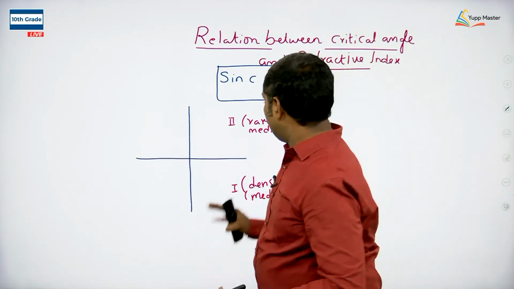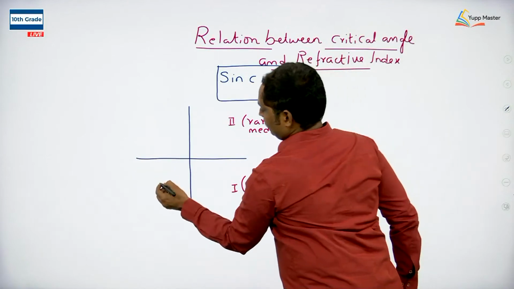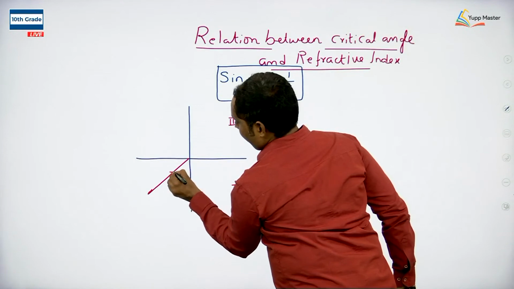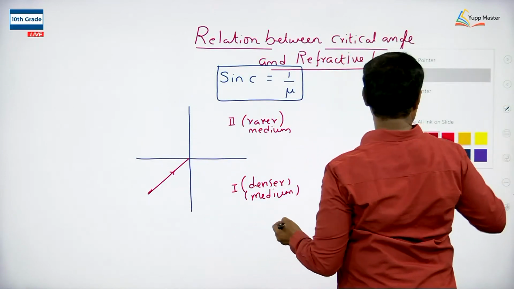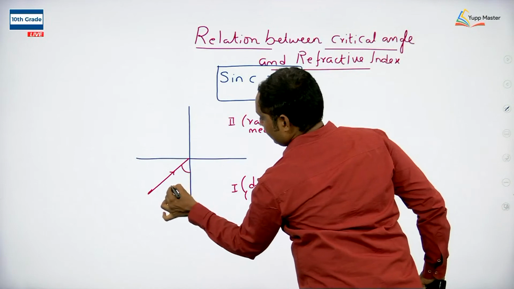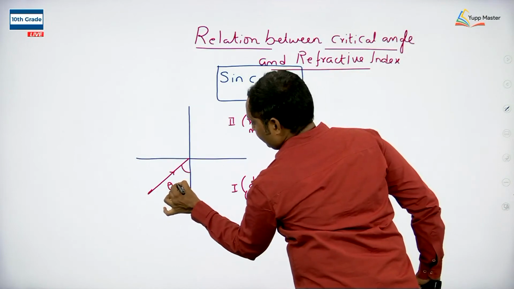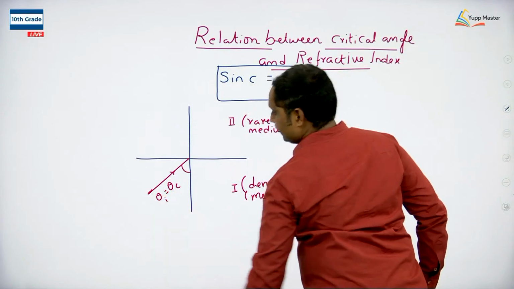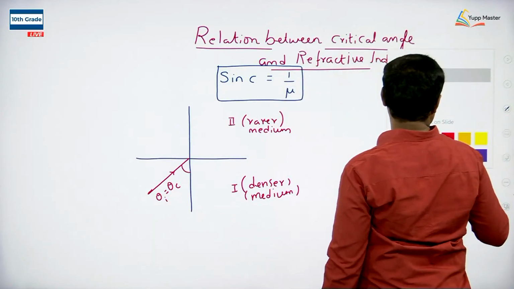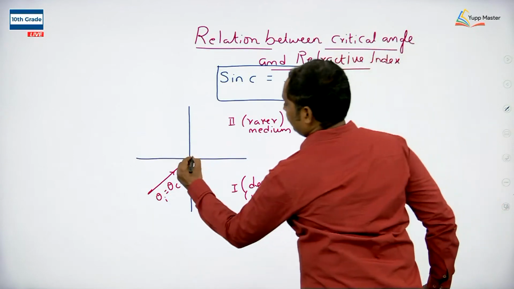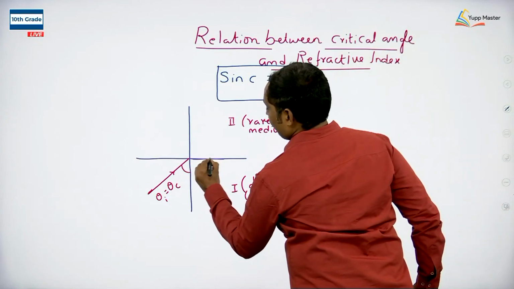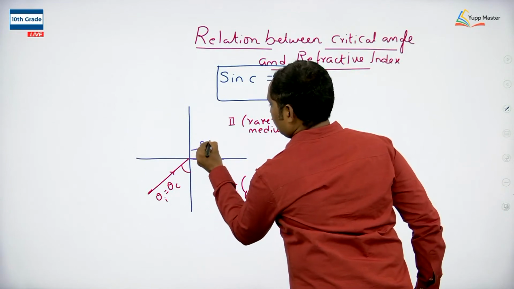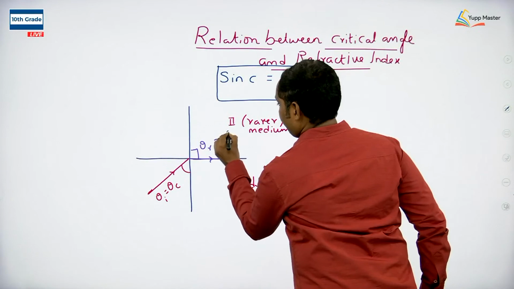Whenever the light ray is incident at theta c, that is theta i is equal to theta c, then the angle of refraction, theta r, is equal to 90 degrees.